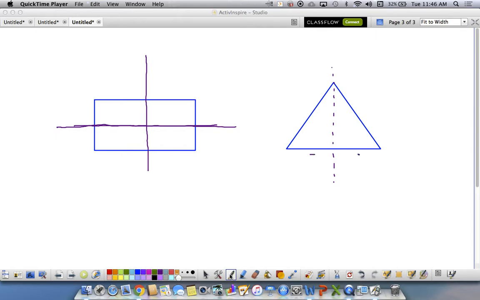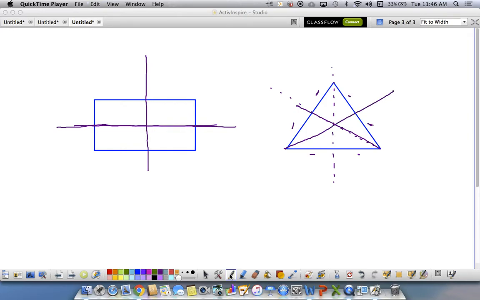Exactly, they would be on top of each other. If this was a perfect regular triangle, meaning a 60-60-60, an equilateral triangle, if I fold it on this line, should the right and the left sides be the same? Yes, they should. Okay. What about this other vertex?